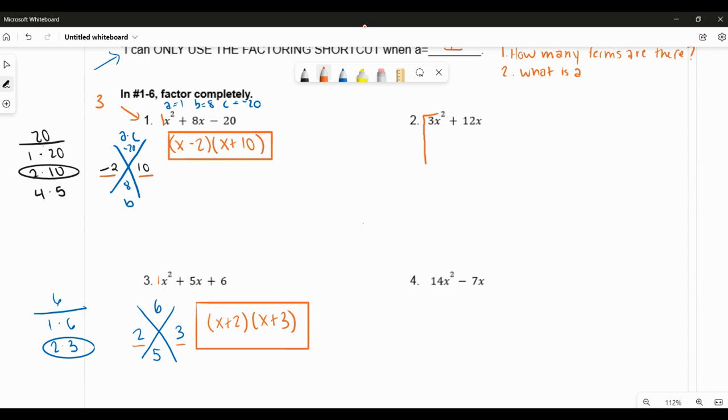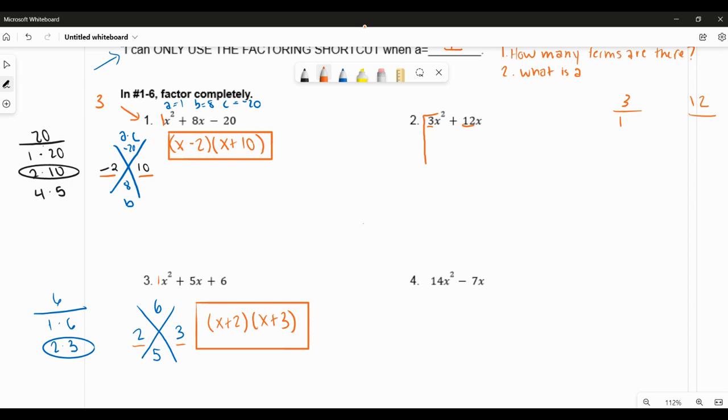Remember, GCF stands for the greatest common factor. And it's called the greatest common factor because that's exactly what it is. I'm looking for the biggest number that divides evenly into my coefficients. So if I think about 3 and 12, the long way of doing this is to build the multiplication charts.